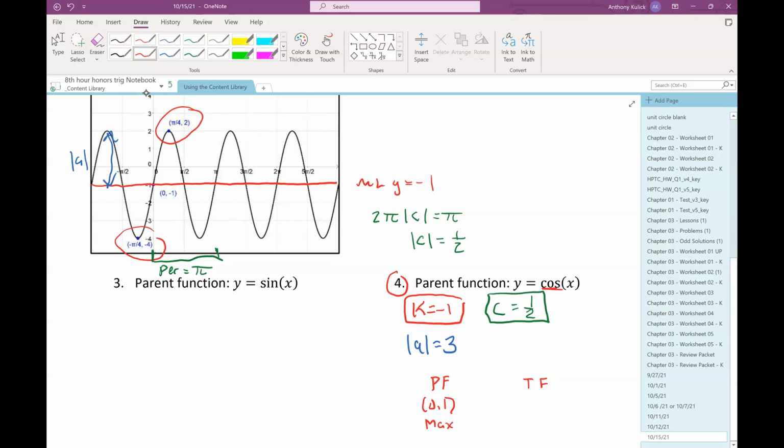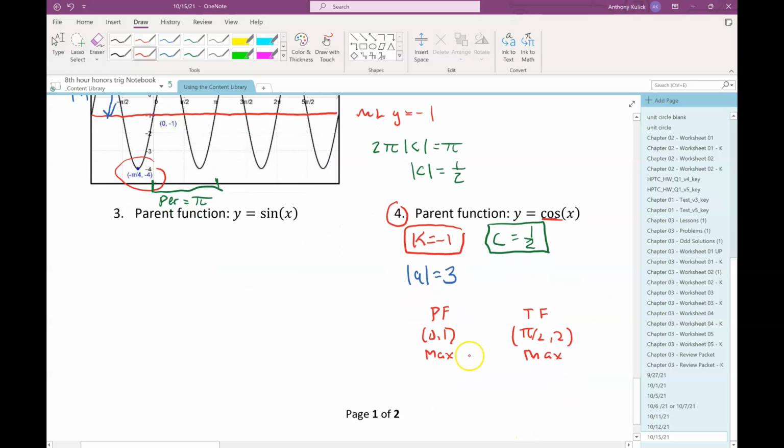Which one would you like to use? The maximum? Sure. So that's pi over 4 and 2. And you noted that that was a maximum. Because we're going max to max, what does that tell me about the value for a? It's positive. So in this case, that'll be positive 3.